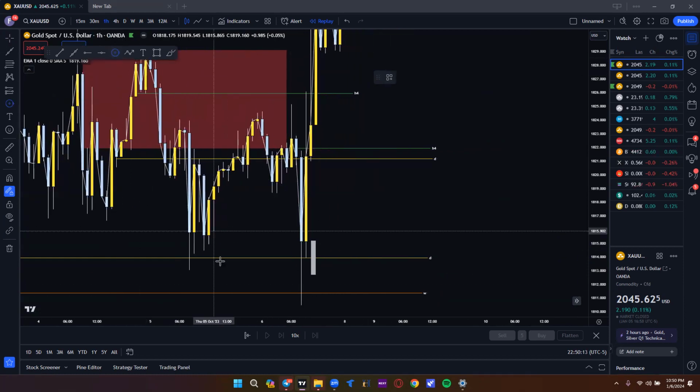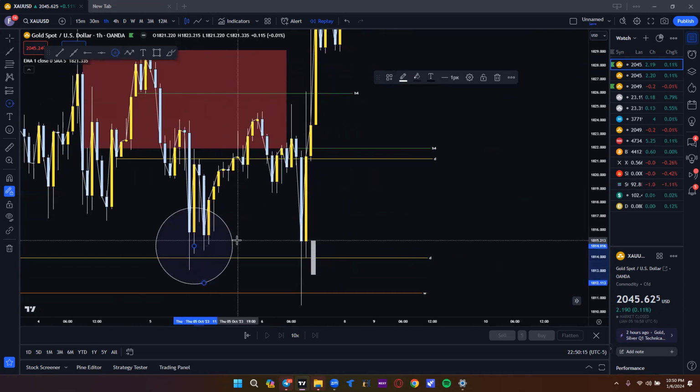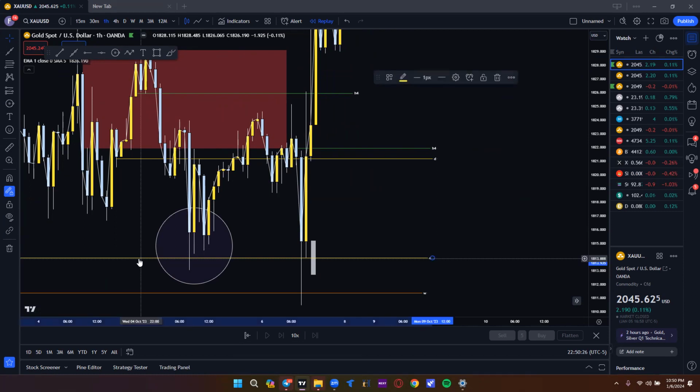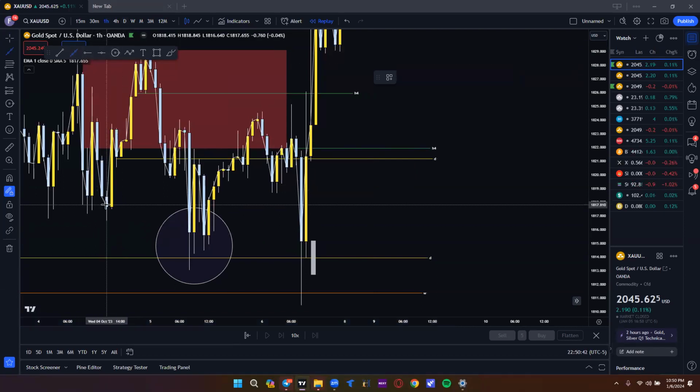This rejection here, and this rejection was unable to surpass this support level. So you have now a level, an area that price rejected, and it just denied this zone. So now it was unable to go below. You have an opportunity now to make a decision to go up.